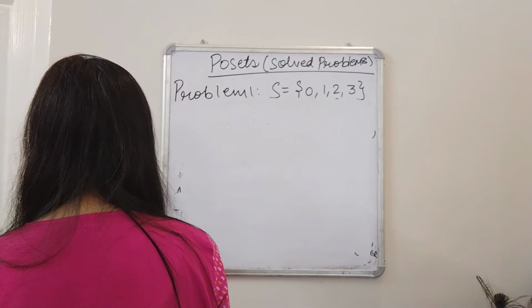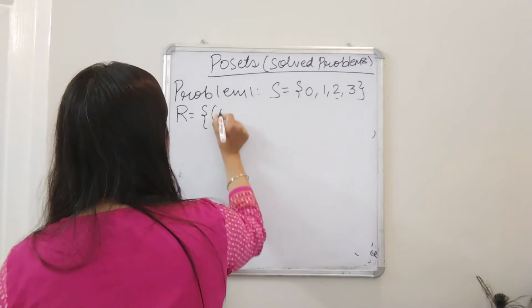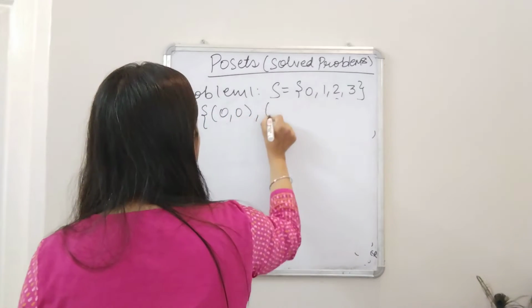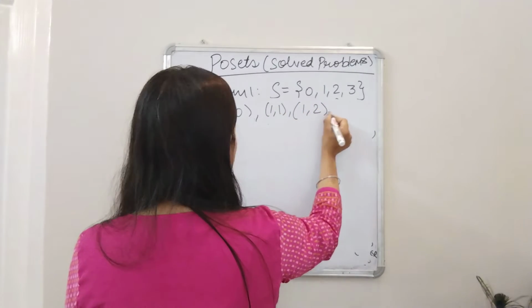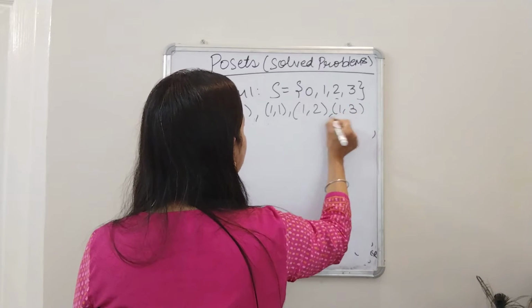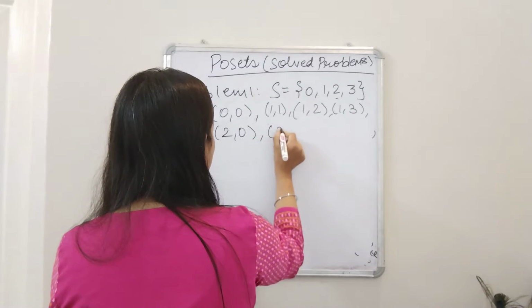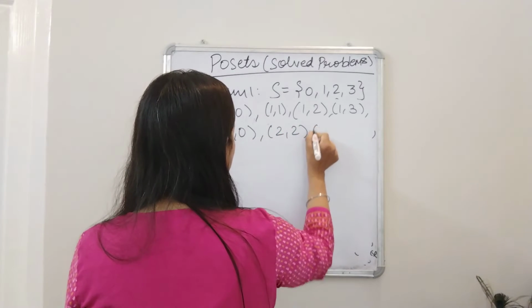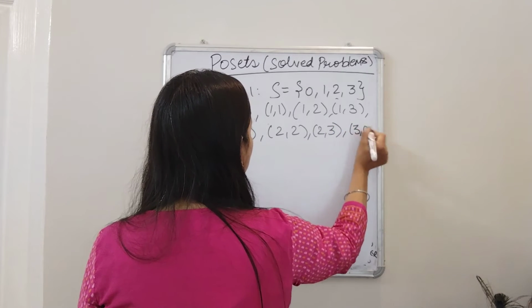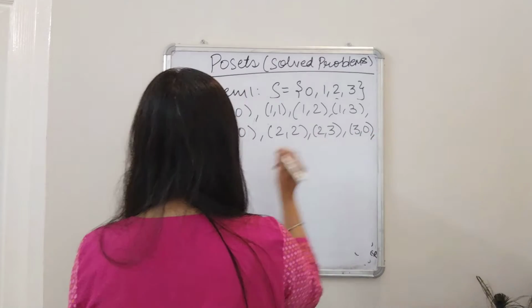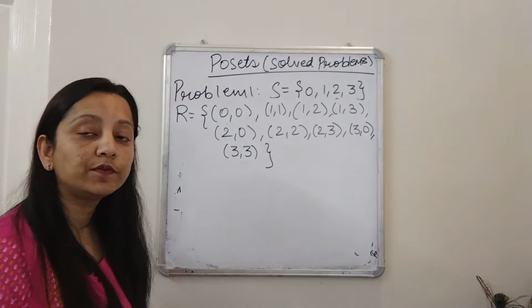The last relation that I'll be talking of has ordered pairs in the form 0 0, 1 1, 1 2, 1 3, 2 0, 2 2, 2 3, 3 0 and 3 3. So these are the ordered pairs of this relation.